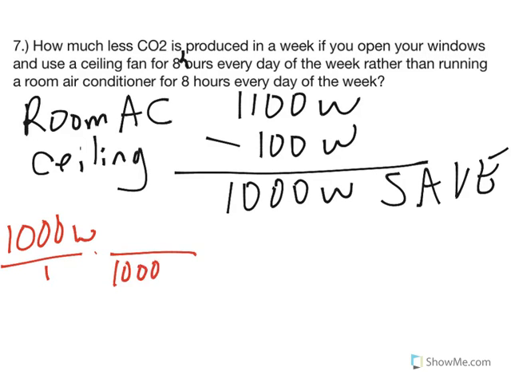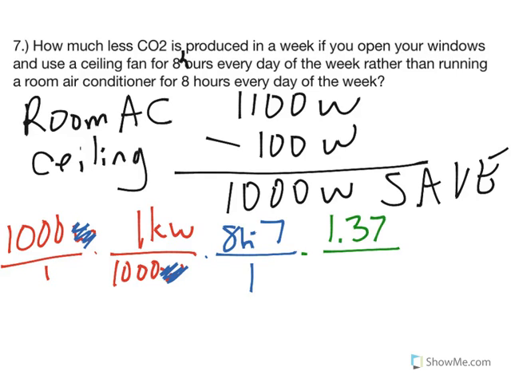well, watts to kilowatts. So that makes my watts go away. How many hours? Well, it says 8 hours every day of the week. So that's 8 hours, and there are 7 days in a week, right? So I would do the 8 hours a day, 7 days in a week, and that puts me in kilowatt hours, and then I can multiply by 1.37 pounds over 1 kilowatt hour.